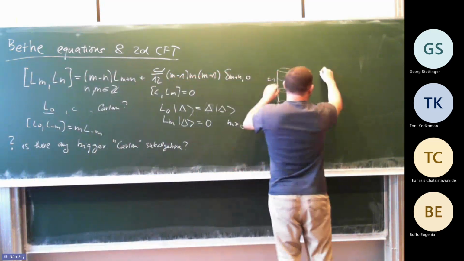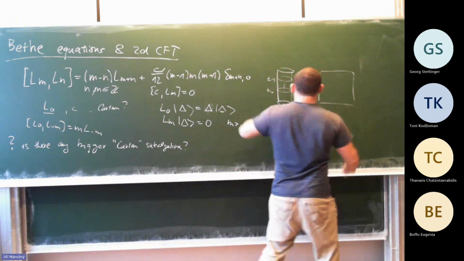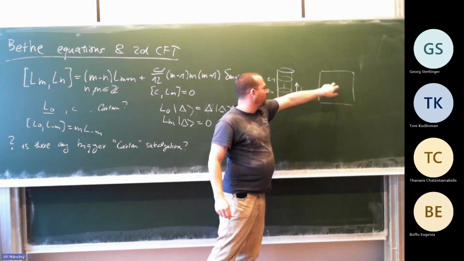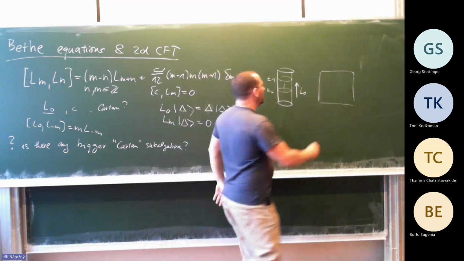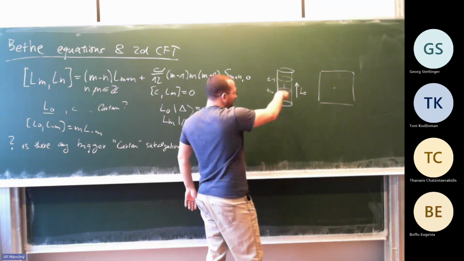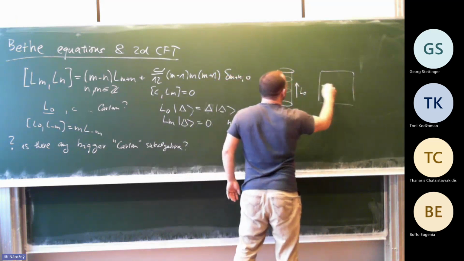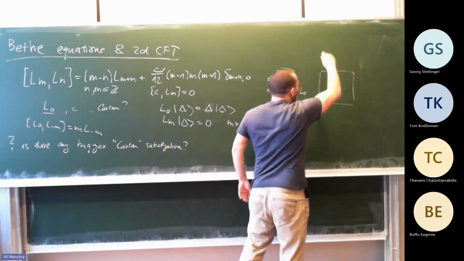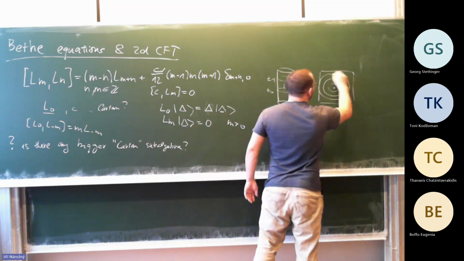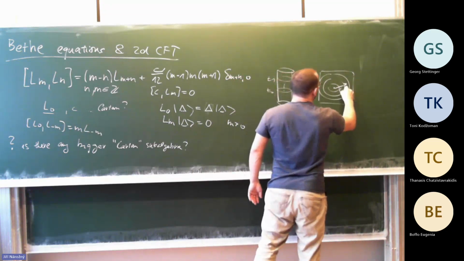And if you map it by the exponential map to the complex plane, then minus infinity in time corresponds to the origin, plus infinity corresponds to infinity, and these constant time slices correspond to circles around the origin.